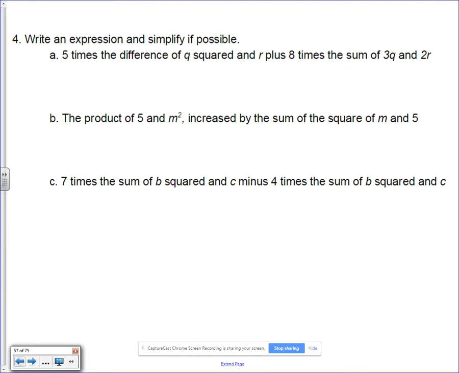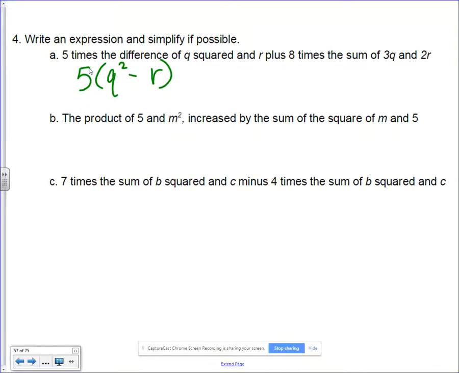So we're going to say 5 parentheses, and I'm going to put my difference in there. Now, what's going to go on either side of that minus sign? Q squared is one of them. Is that what you're going to say, Dalton? What's the other one? What goes on the other side? And R. Does everybody see where that came from?